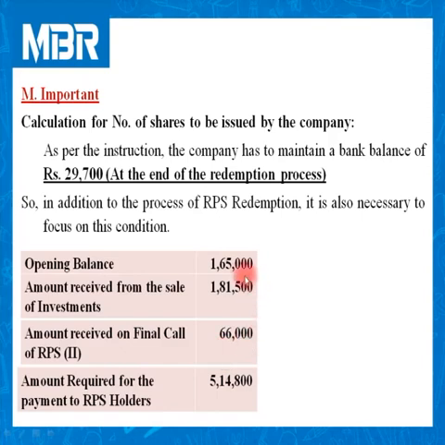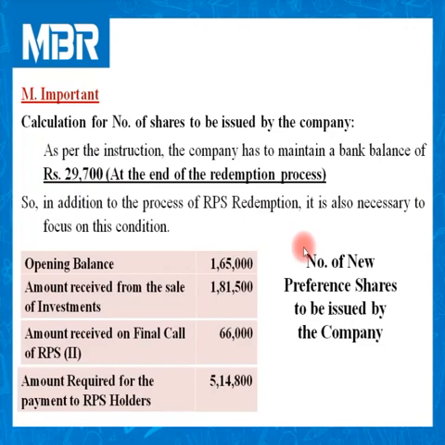We have completed calculation of these 1,81,500 and 66,000 at an earlier stage. And in step number 2, we have decided to pay 5,14,800 rupees. Again, after this receipt and payment, we need to maintain a balance of rupees 29,700. So the question is, how many shares to be issued by the company?